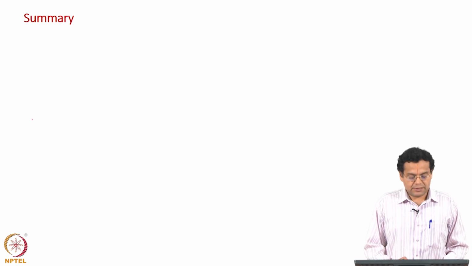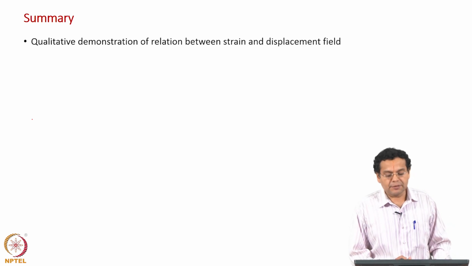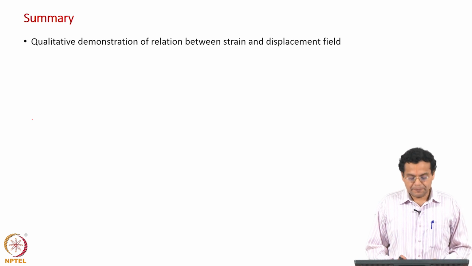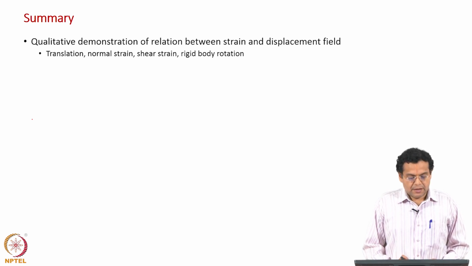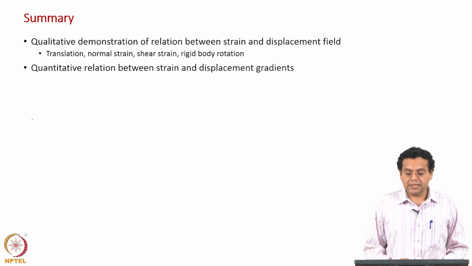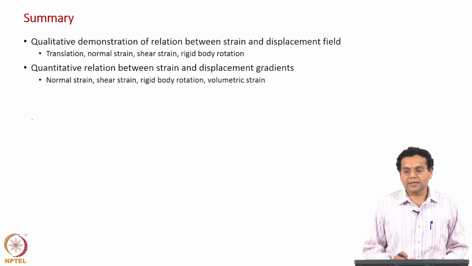Let us summarize what we have seen so far. First, we qualitatively demonstrated the relationship between strain and displacement field. We looked at translation, normal strain, shear strain and rigid body rotation. Then we quantitatively related strain and displacement gradients, once again for normal strain, shear strain, rigid body rotation, and of course, for volumetric strain as well.